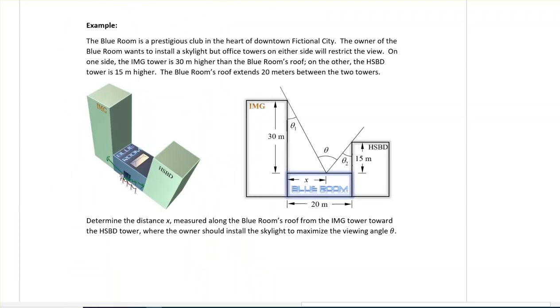Take a moment to read the problem and understand it. So what we are given in this problem is, there is a blue room which is in the middle of two towers. On one side it has the IMG tower and on the other side it has the HSBD tower.